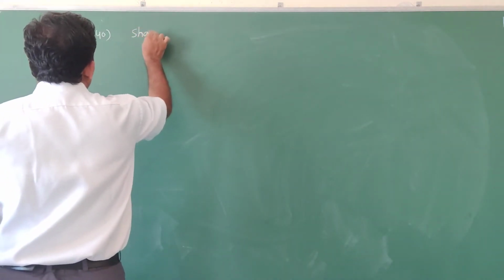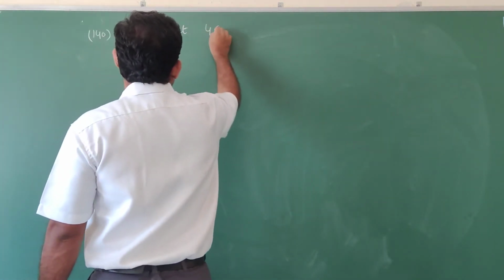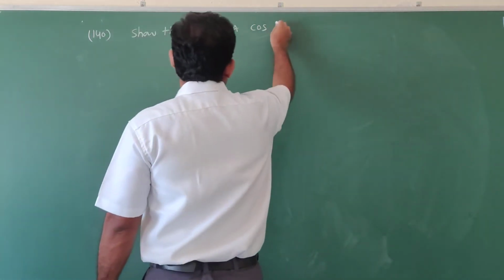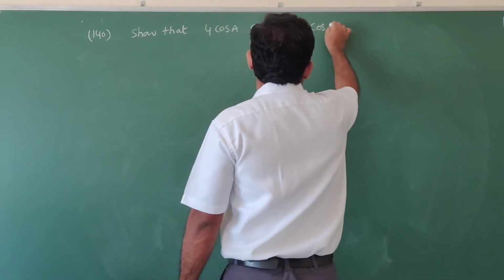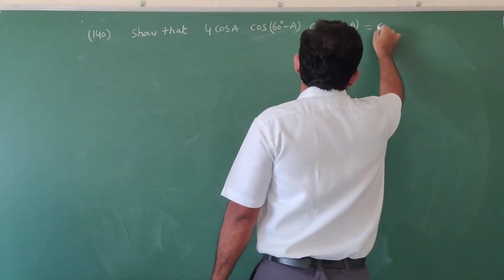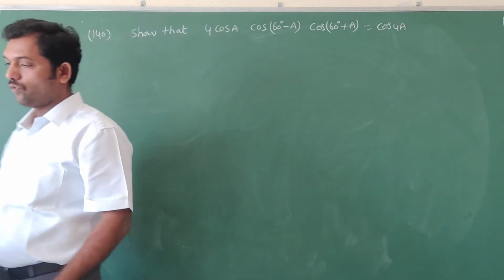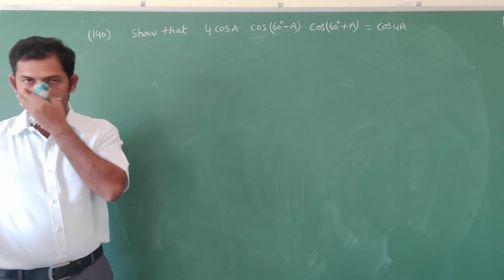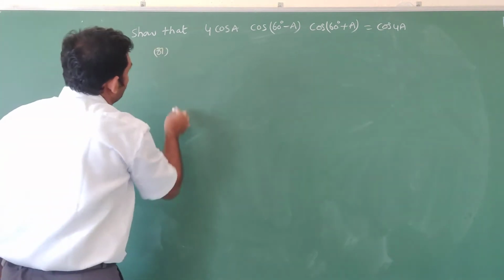Show that 4 cos A cos 60 degrees minus A cos 60 degrees plus A is equal to cos 3A. So this question may ask in this way also.